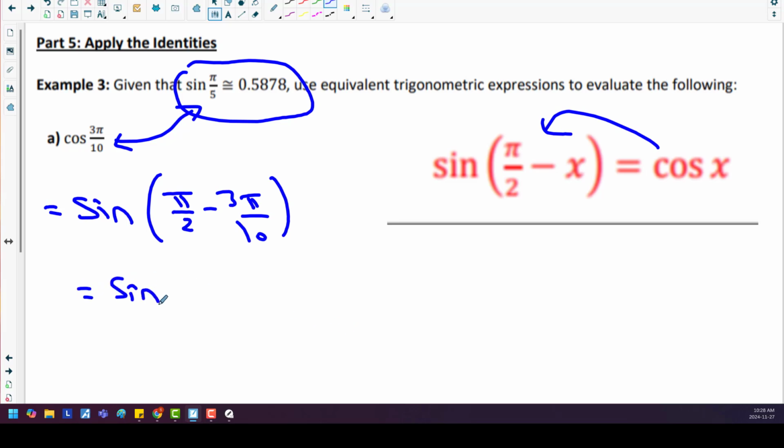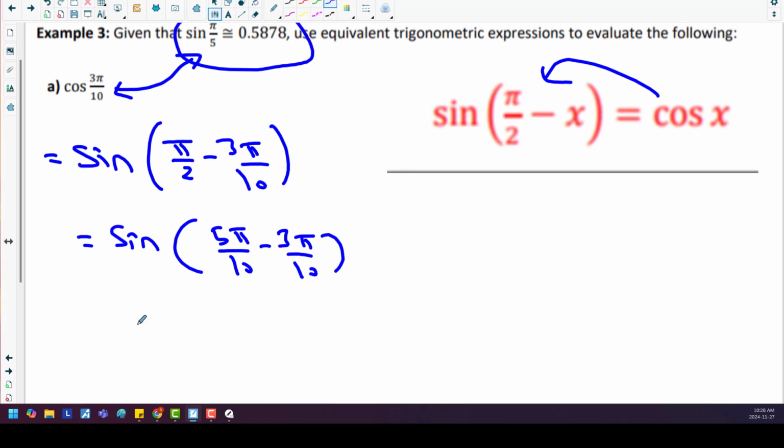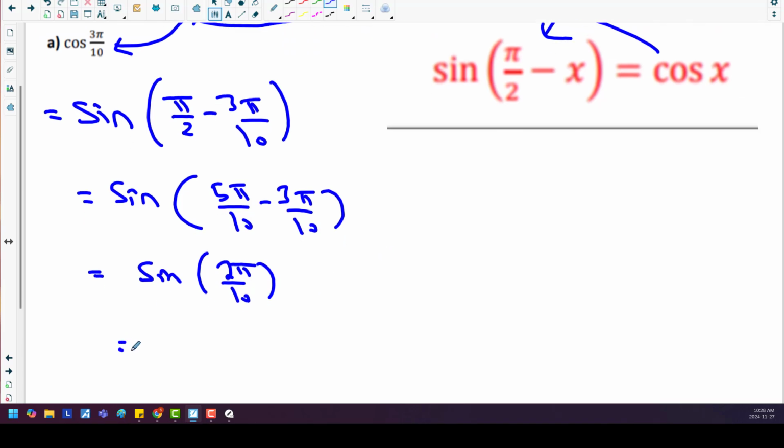Obviously at this point, we put everything over a common denominator, so 5 pi over 10 minus 3 pi over 10. That's equal to 2 pi over 10, because 5 minus 3 is 2. Then we can simplify, factor out the 2, so that's pi over 5.